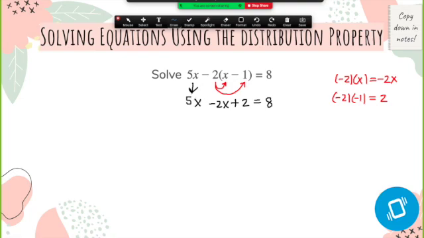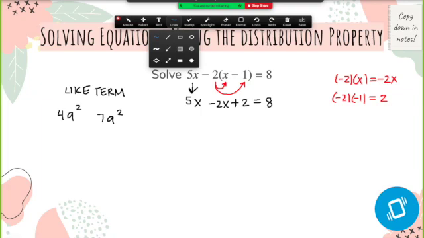Before I start solving, what I want to do is combine any like terms right here. Just a little recap, what is a like term? If you have a number such as 4a to the power of 2, and we have here 7a to the power of 2, we can call these like terms because they have the same variable, or the same letter, and on top of that they have the same exponent.